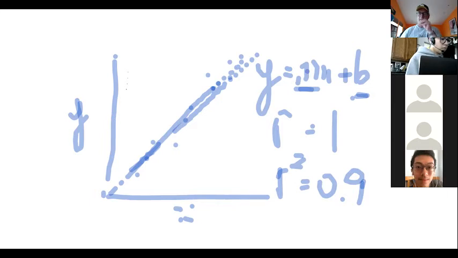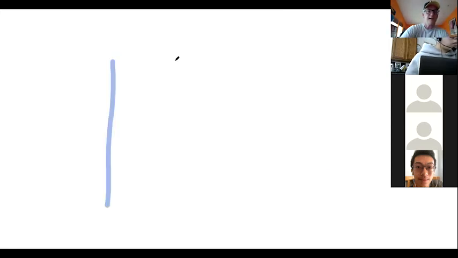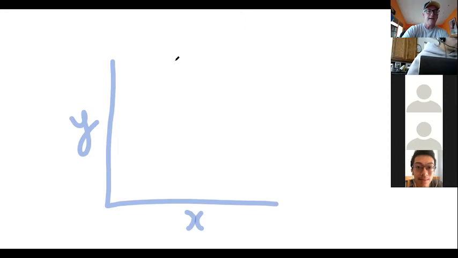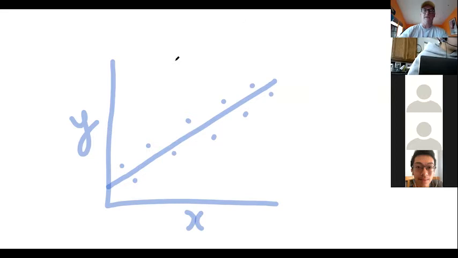Let me clear that, put it on a little better. So here's my plot. I've got X here, and I've got Y here. Here's my line with my dots on either side of it.